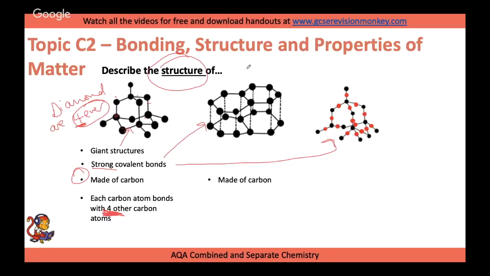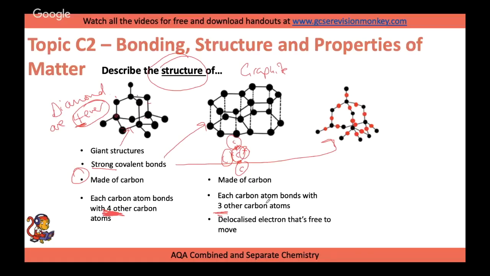The graphite here is also made out of carbon, but this time each carbon atom bonds with 3 others. So if you've got a carbon here, that bond is bonding with another carbon. We've got another carbon here, another carbon here, and then we'll have 1 electron. And this electron that's left over, because it's not bonding to a carbon, because we've already got 3, is delocalized, and that can move around.